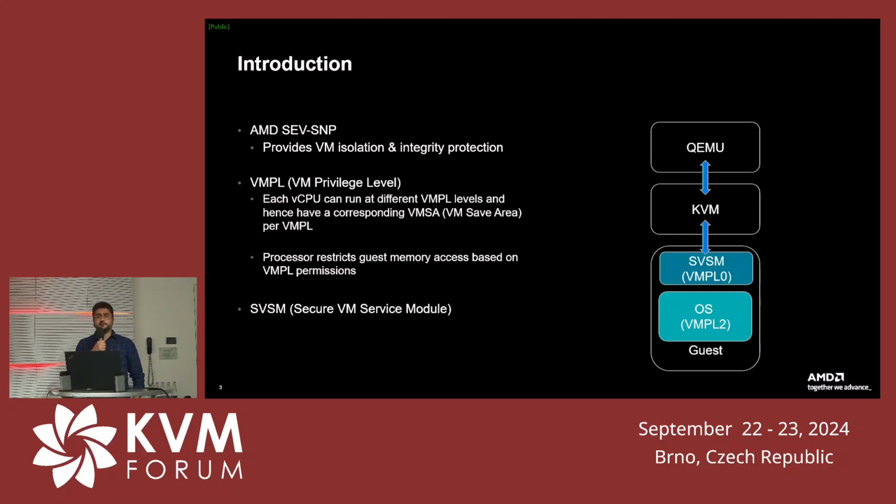For that we also have hardware extensions called VM privilege levels, which provide access protection for the VM memory at various levels, with VMPL0 being the highest privilege level and VMPL3 the lowest.